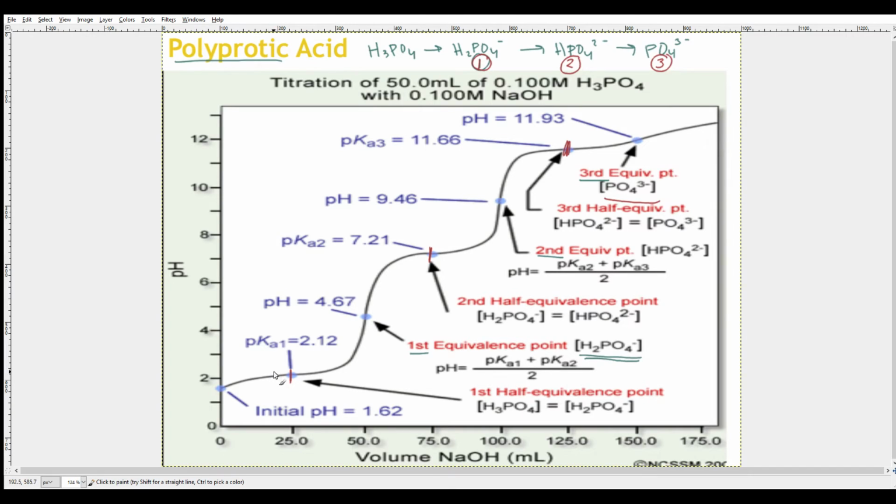So here, you can look up at my original little flow chart. What we have originally is H3PO4 over here, and it is becoming H2PO4 minus. And at this first half equivalence point, the concentrations are equal to each other.